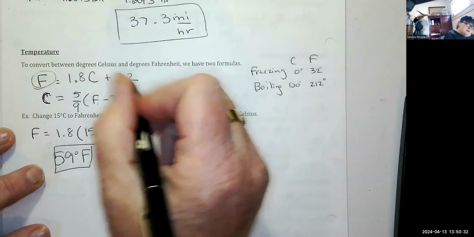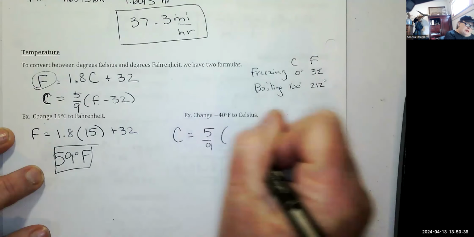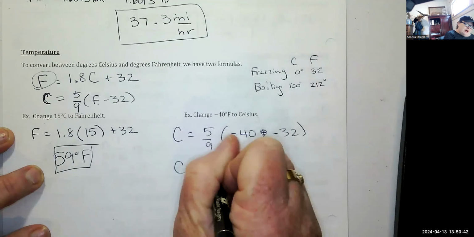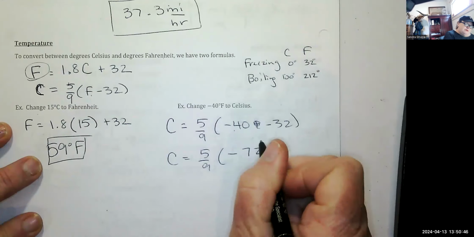So I want to switch this from Celsius. Celsius is equal to 5/9 times negative 40 minus 32. So Celsius is equal to 5/9 times negative 72.